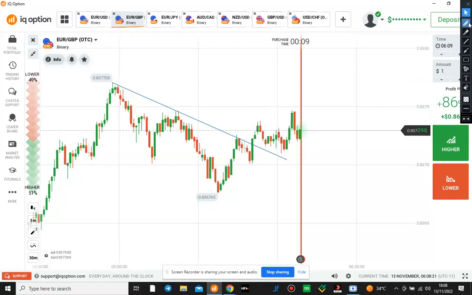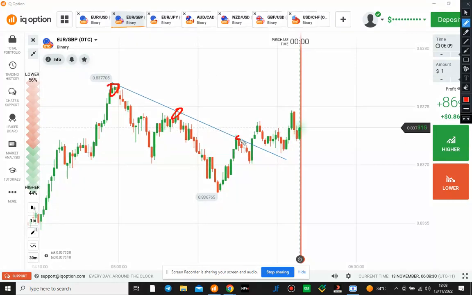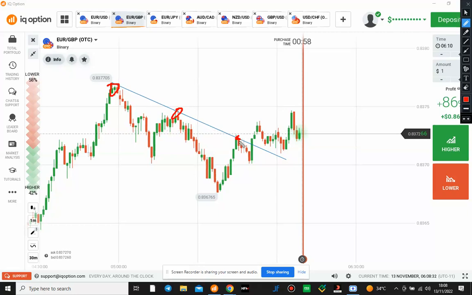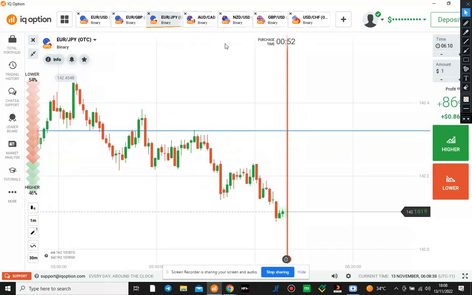So after we have the first touch, second touch, see the price reaches the level, rejects, and the market goes down. That is for resistance. Let's check one more example.